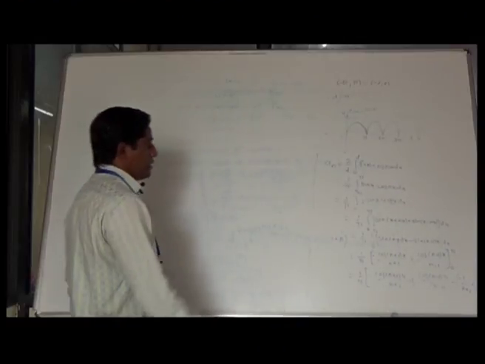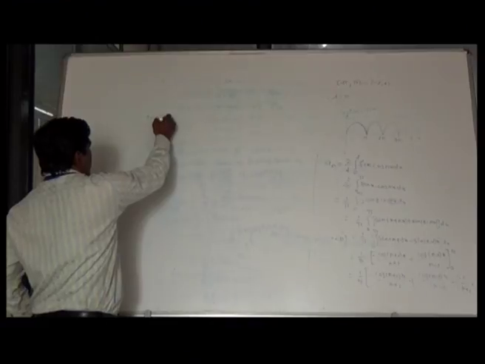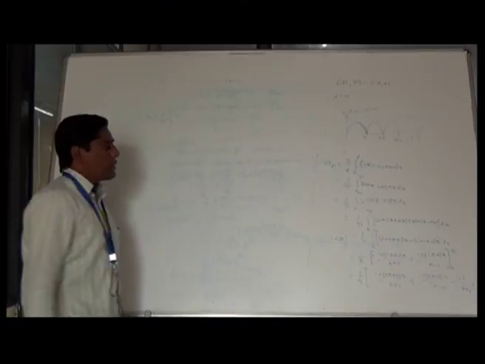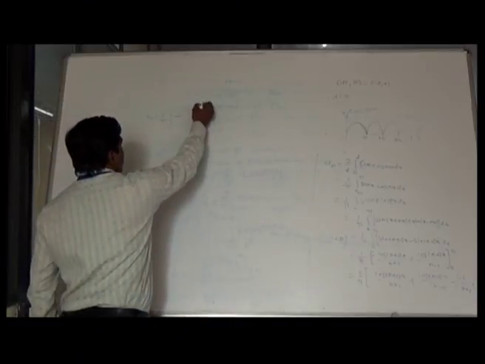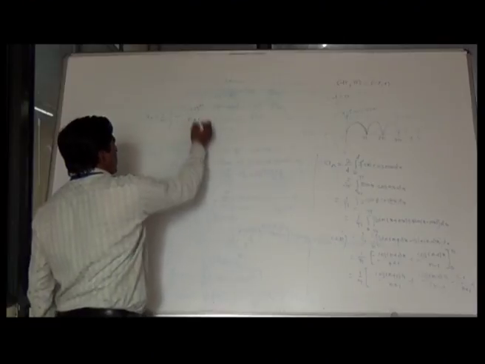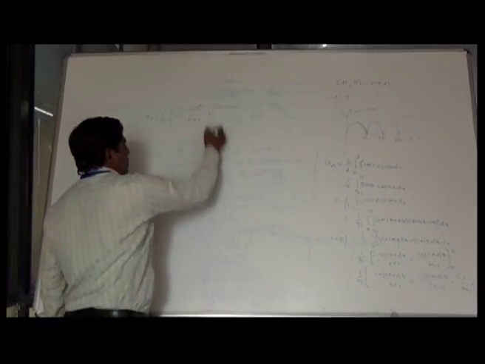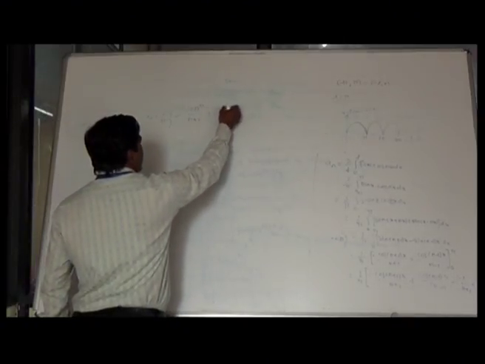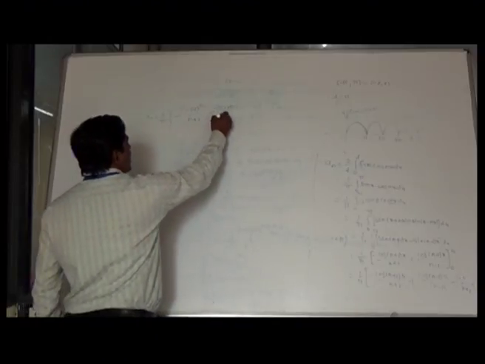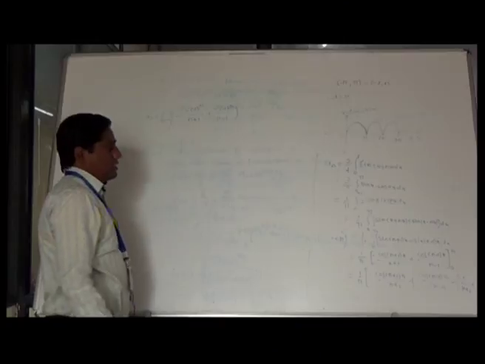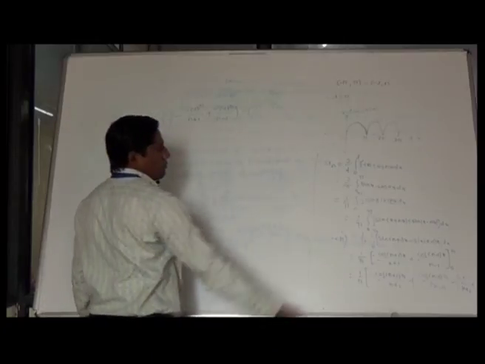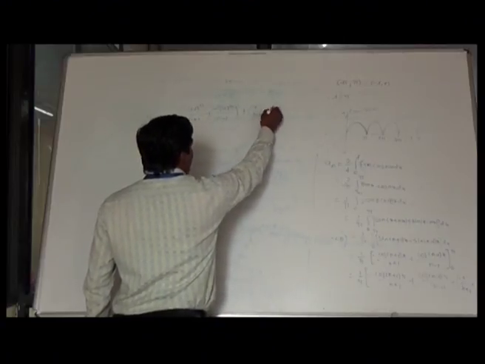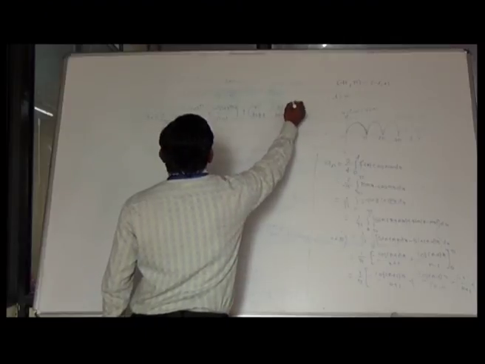Now cos (n plus 1)pi is minus 1 raised to n, so an is 1 upon pi, minus cos (n plus 1)pi is minus of minus 1 raised to n upon n plus 1 plus cos of (n minus 1)pi is again minus of minus 1 raised to n upon n minus 1, minus, if we take minus inside we get 1 upon n plus 1 minus 1 upon n minus 1, bracket close.